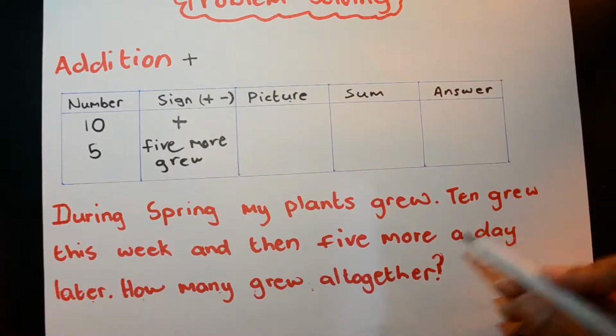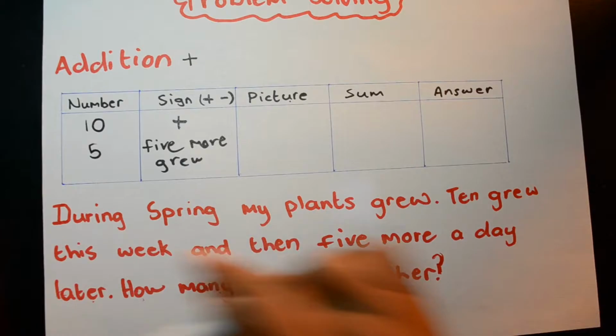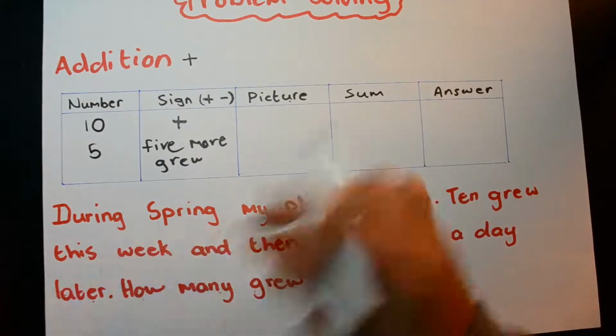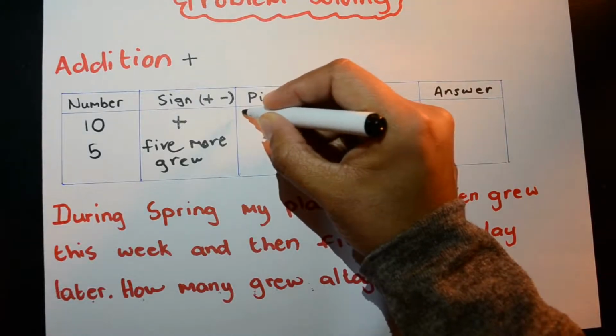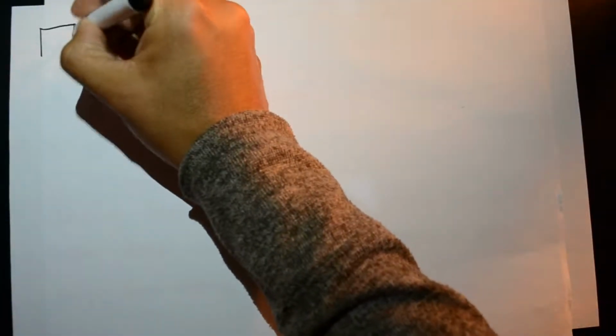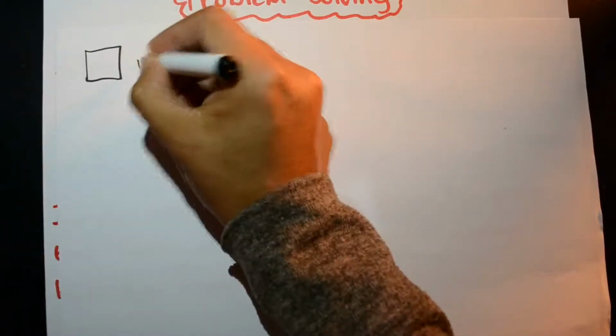And then the picture. So my picture, as I'm reading, it says 10 grew this week. So that's what I'm going to draw first. Remember also when you draw the picture, last week I showed you that if you draw something like this, it's a block, you already know that this means 100.